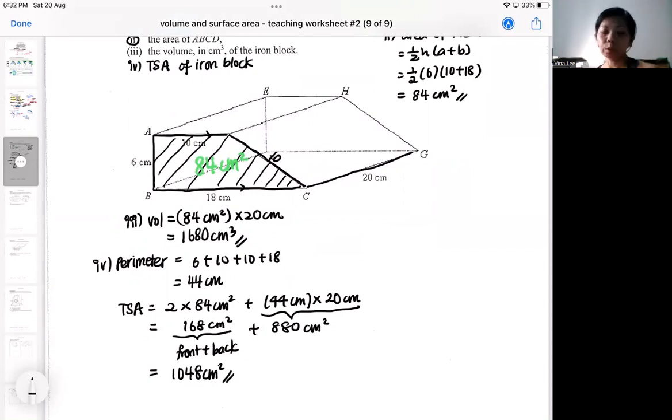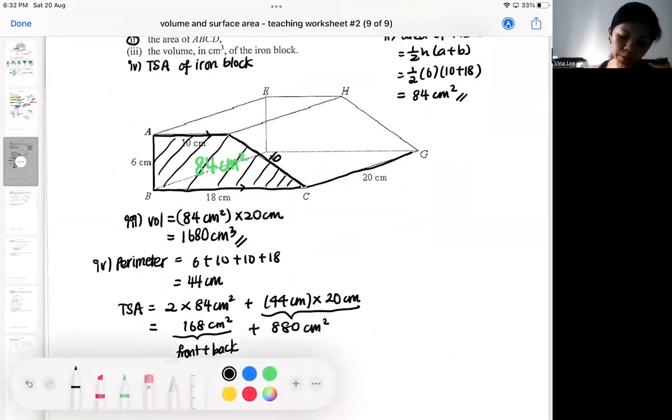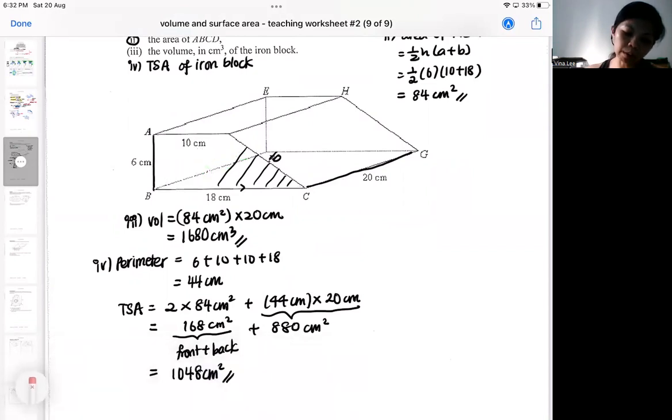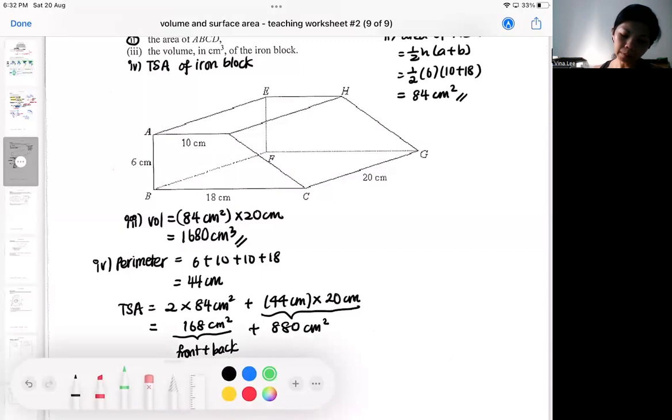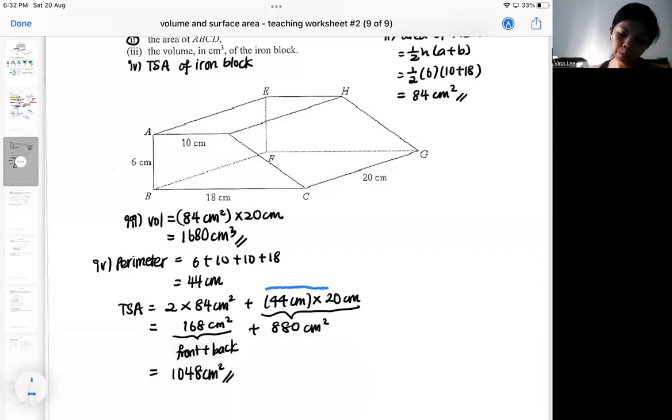And let's say, would you want to explore? Okay, if we want to explore, let's try to explore. What if you didn't use a formula? What if you decide to do piece by piece? Okay, so let's try. So we'll try to see whether the piece by piece will end up also getting 880.